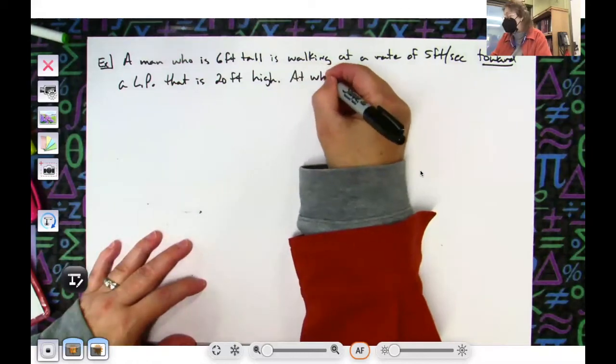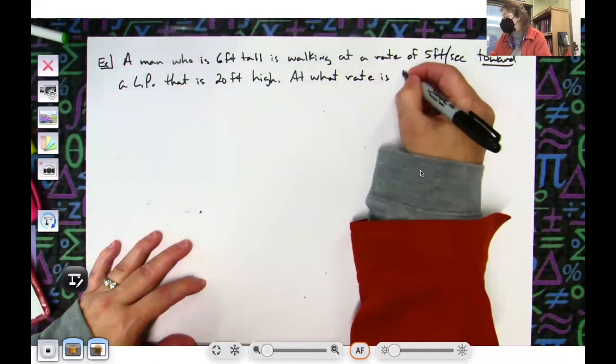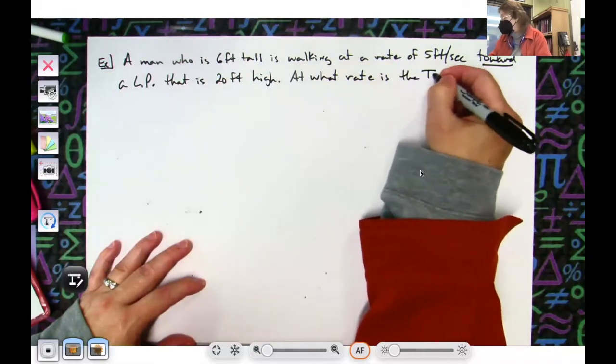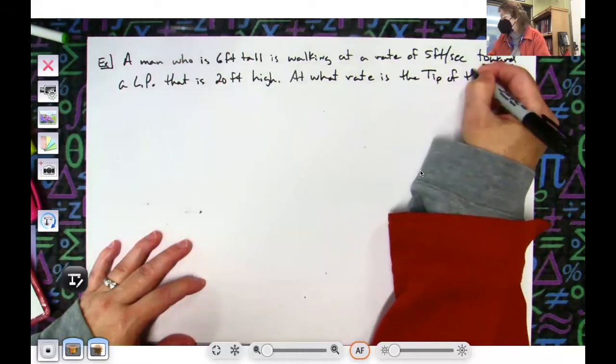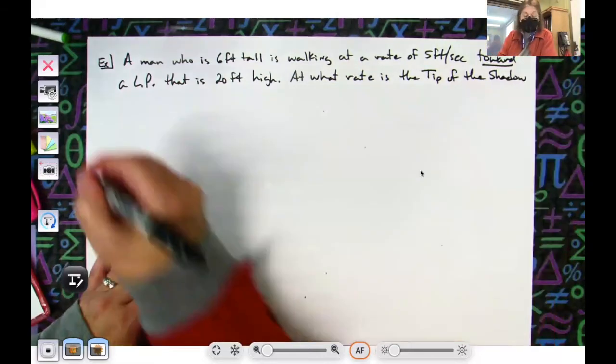At what rate is the tip of the shadow changing?